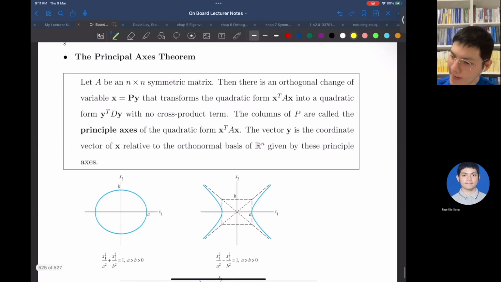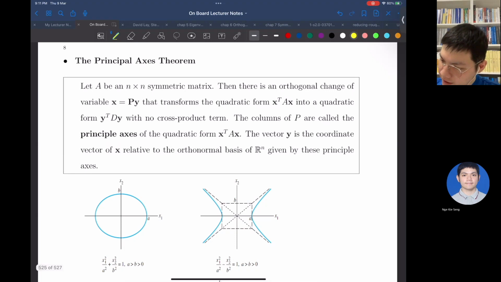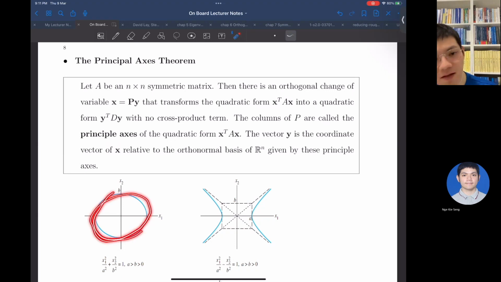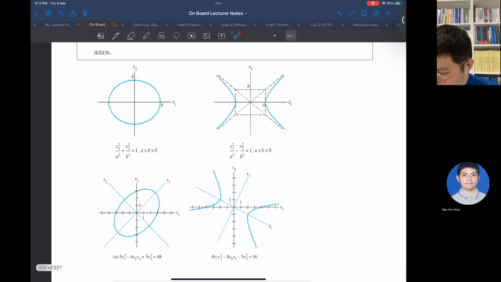So normally, if we look at this quadratic form when it is equal to 1 and a and b are greater than 0, we will usually get a circle or ellipse, depending on the a and b we have. And we will get a hyperbola if we have a minus in the middle. Okay.